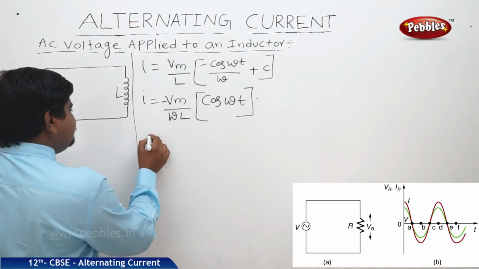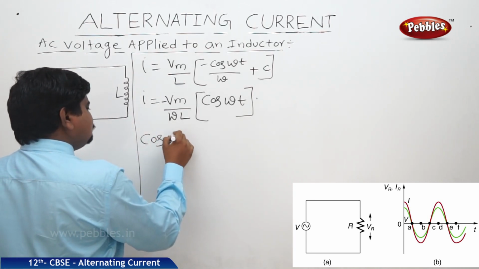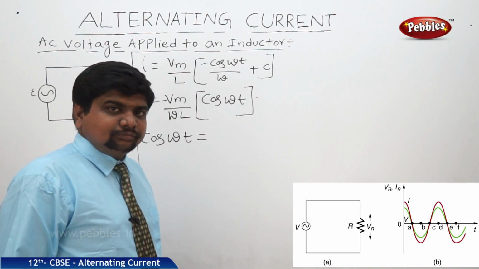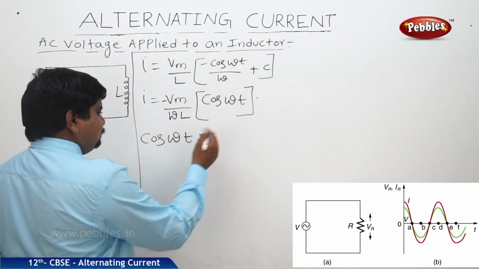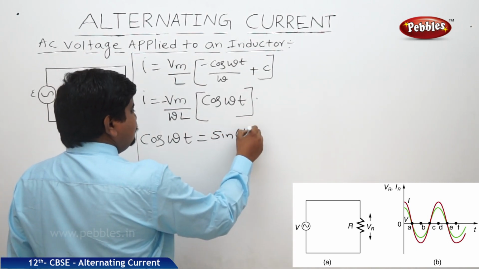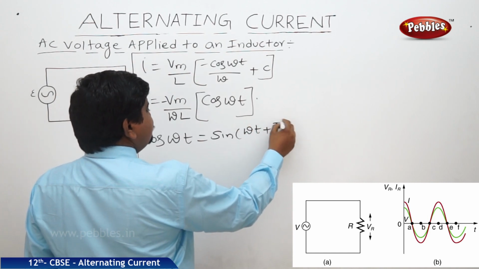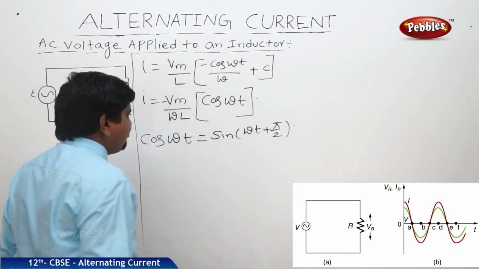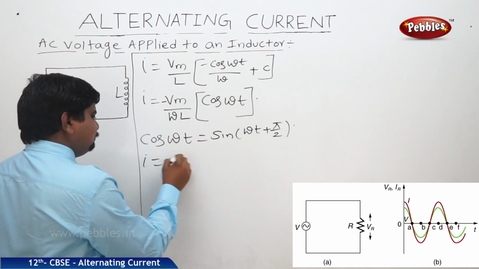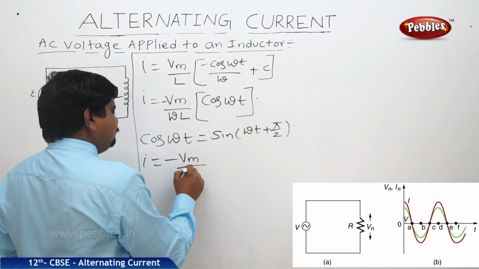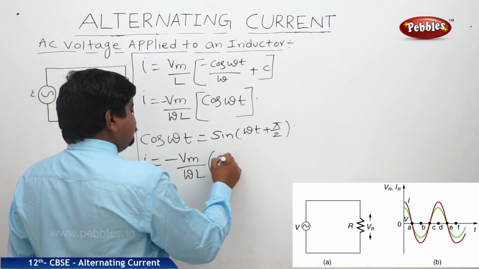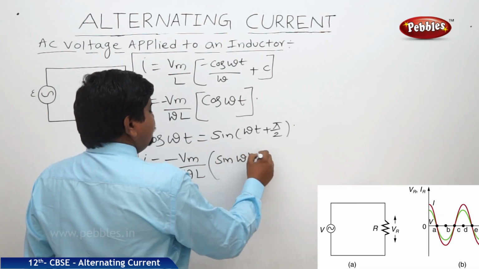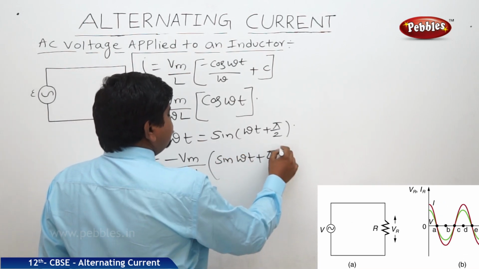What is cos omega t? Cos omega t is sin omega t plus pi by 2. So I is equal to minus Vm by omega L into sin of omega t plus pi by 2.